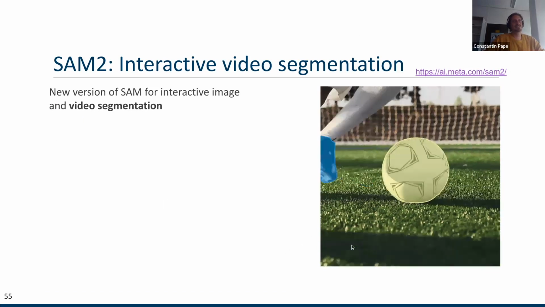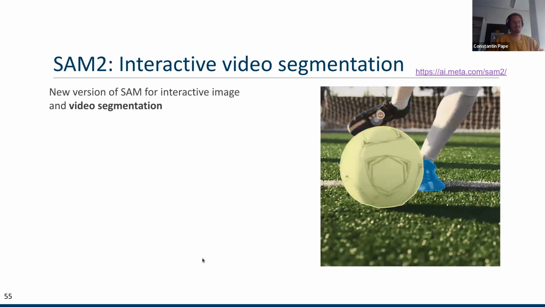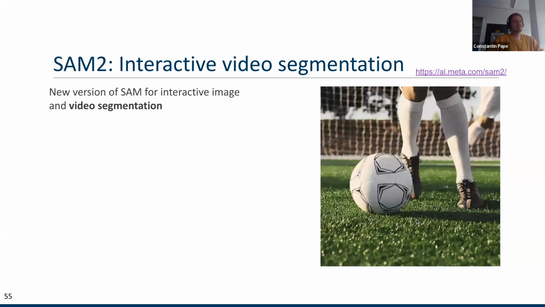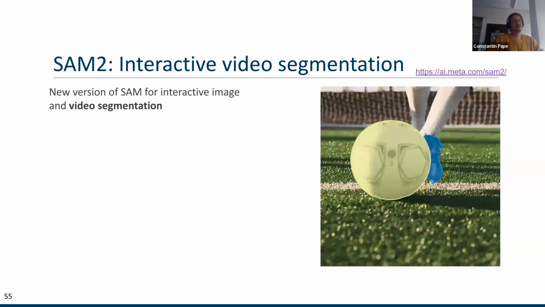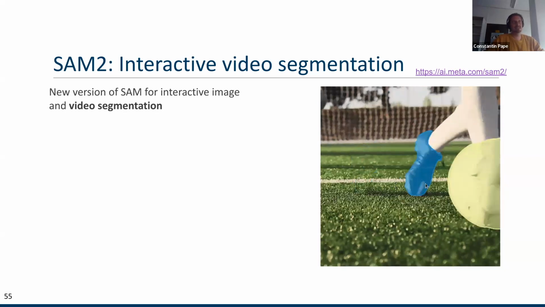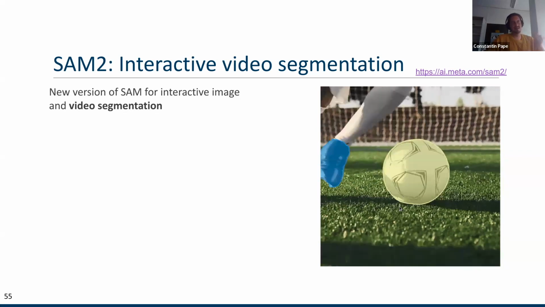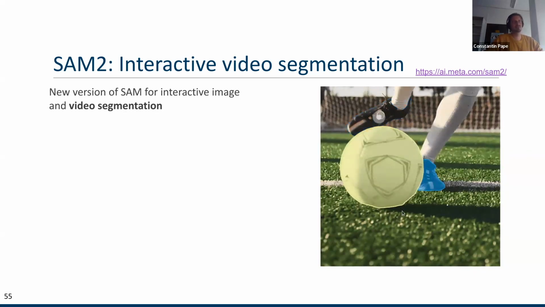Instead of just segmenting objects in images, it can now do this in videos. You see this for this soccer player, where the model interactively segments and tracks objects like the ball and the player's foot in the video, and where we can also correct errors interactively, like the player's foot that was not tracked. This is an evolution over the initial SAM model that only worked for images.